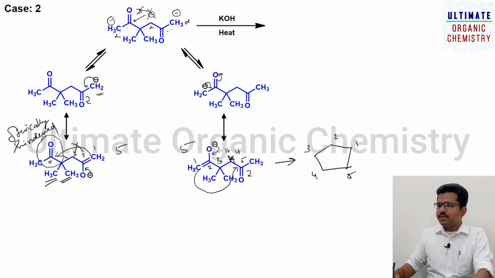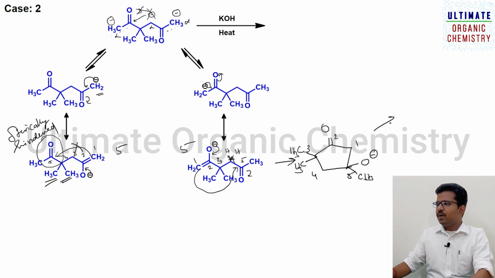At the first position you have CH2, so you need not do anything, and at the second position the C single bond O becomes C double bond O, and at the third position you have the dimethyl functional group. The fourth position you do not have anything, and at the fifth position you have a methyl group, and you have O minus, because the double bond O after the attack becomes O minus.